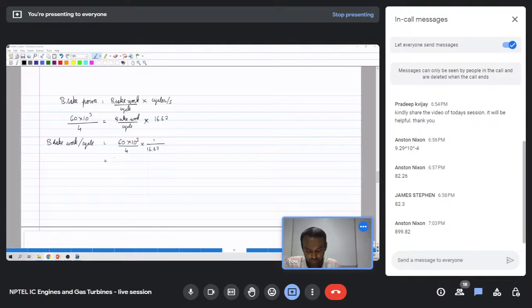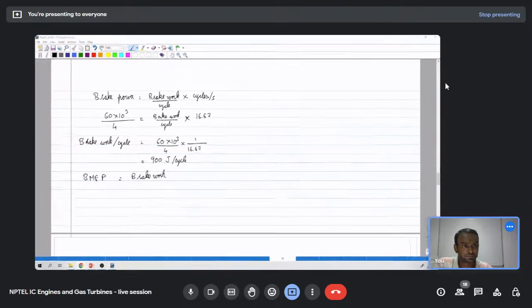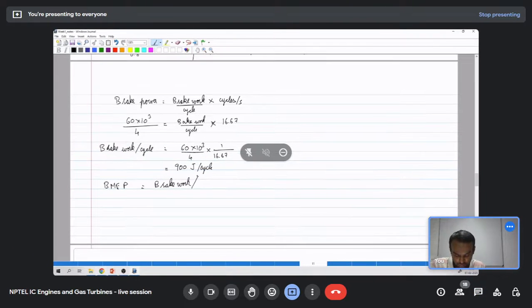I would approximate this to 900 joules per cycle. So now we have brake work and displacement volume. So BMEP is brake work per cycle divided by displacement volume, since we have taken it already on a cylinder basis.